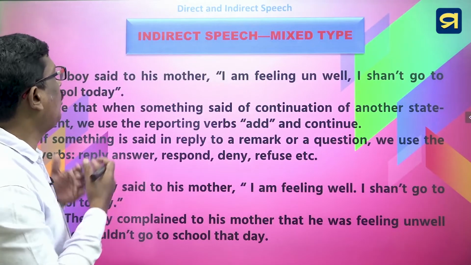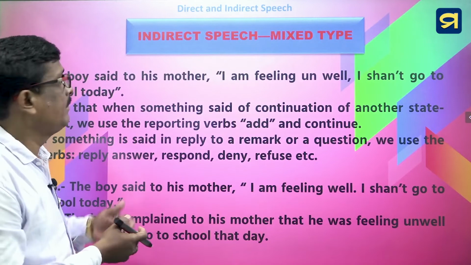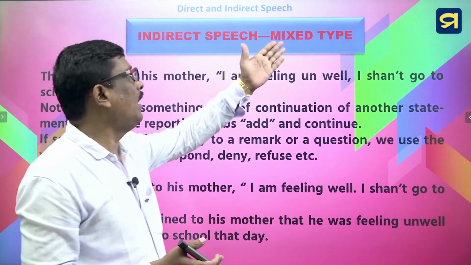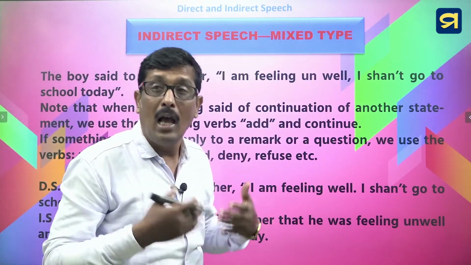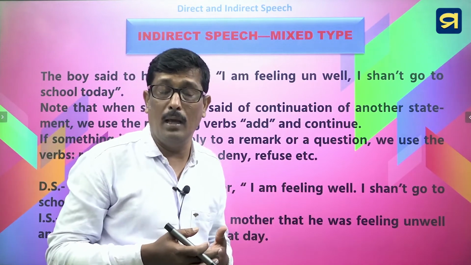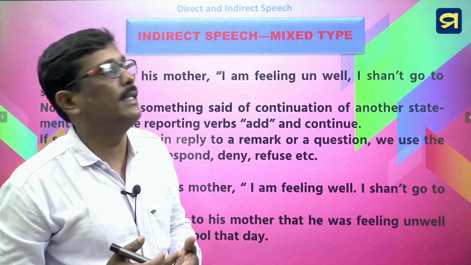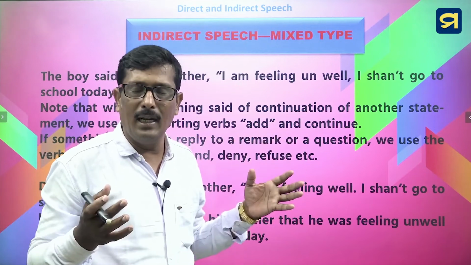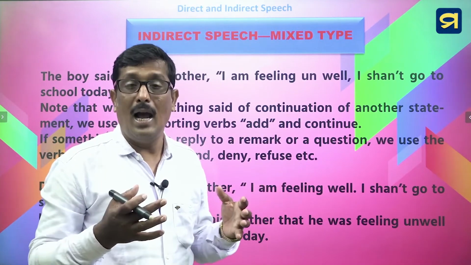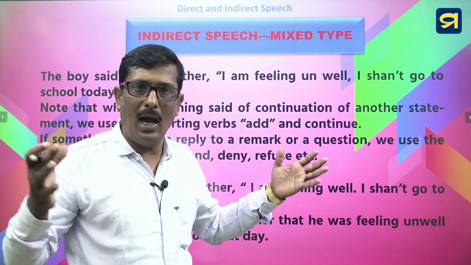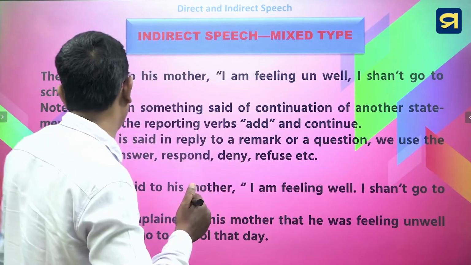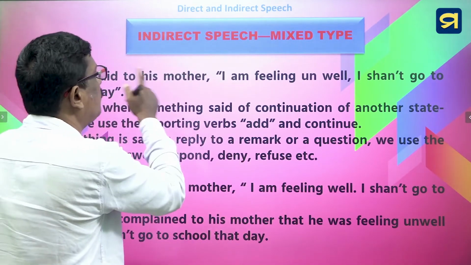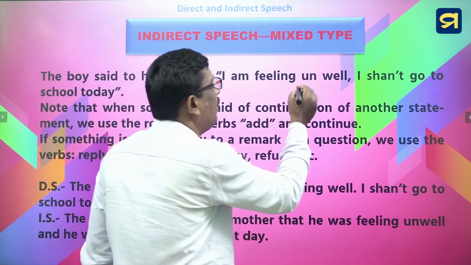Okay, now we will discuss some mixed types. When direct speech has mixed type sentences, how can we use it? When we have two or more sentences in the direct speech, generally we add them. The boy said to his mother, "I am feeling unwell."